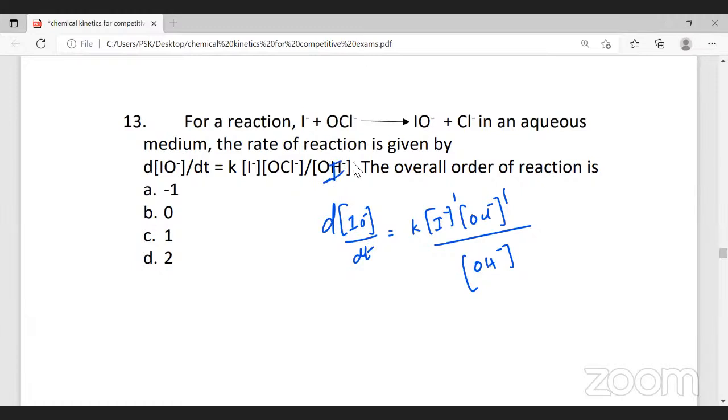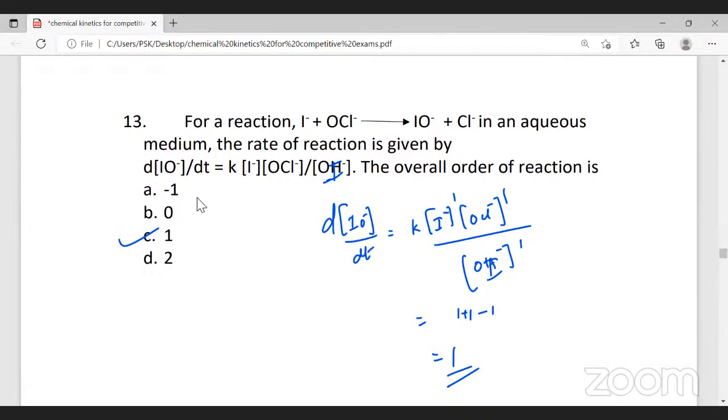This is also order 1. So therefore, the net order of the reaction will be 1 plus 1 minus 1. Denominator we have 1. So if we go to the numerator, it will become minus 1. So the net order of the reaction will be 1. So answer will be option C. It's a first order reaction.